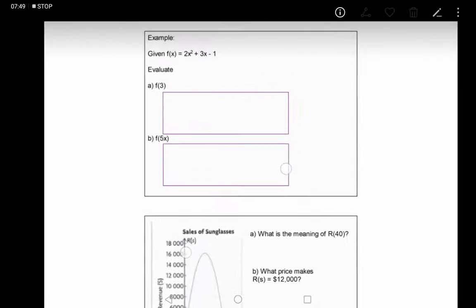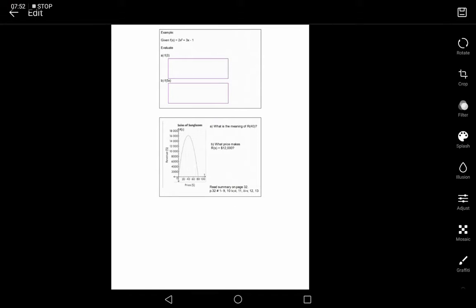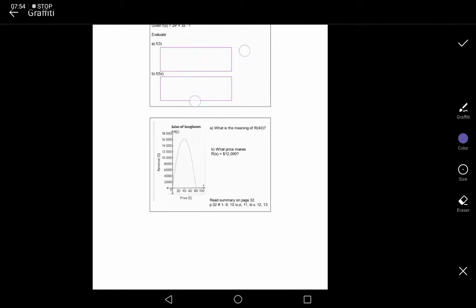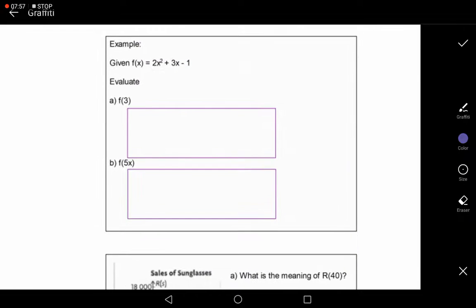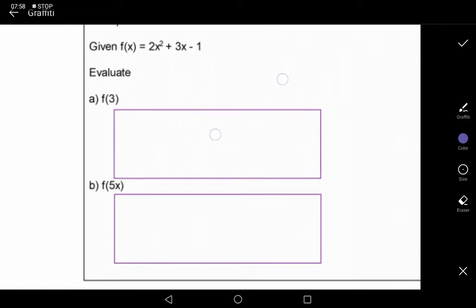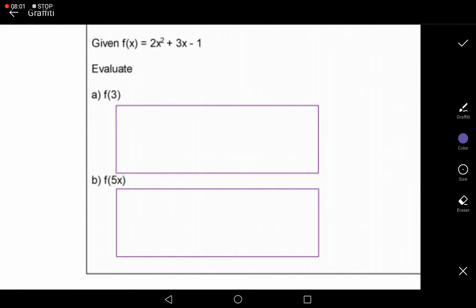All right. So this example here, we're given f of x equals 2x squared plus 3x minus 1. It's first asking us to find f of 3. And we know that that just is substitution, right? We're just literally replacing all of our x's with 3.